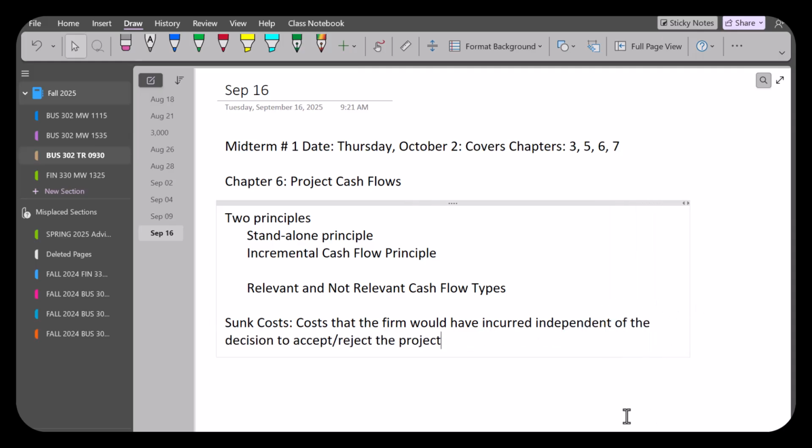Here the incremental cash flow principle guides us. So if a cost is a sunk cost, there is no change to the cash flow of the project as a result of accepting the project.